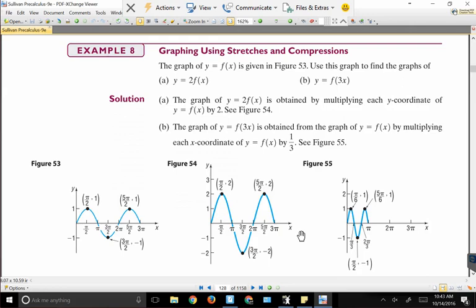Okay? So I did something, I got some function. Yeah, y is equal to this. Okay? So what they're saying here is, hey, I got some function. I don't care what the function is. I put stuff in, I get stuff out. What is going to happen if I put a 2 in front of it? It's going to double.